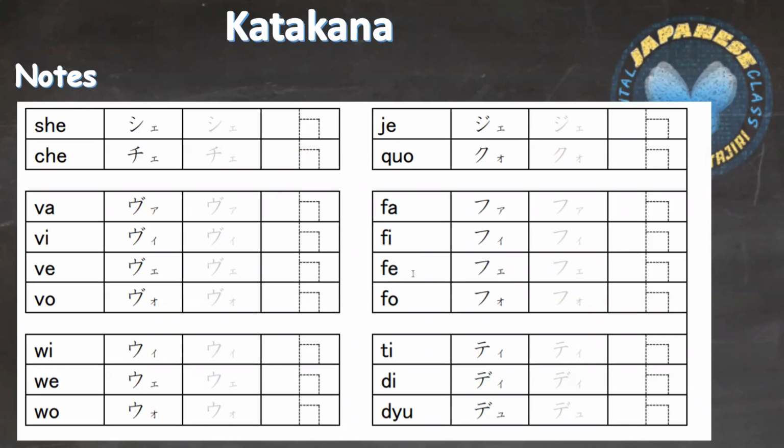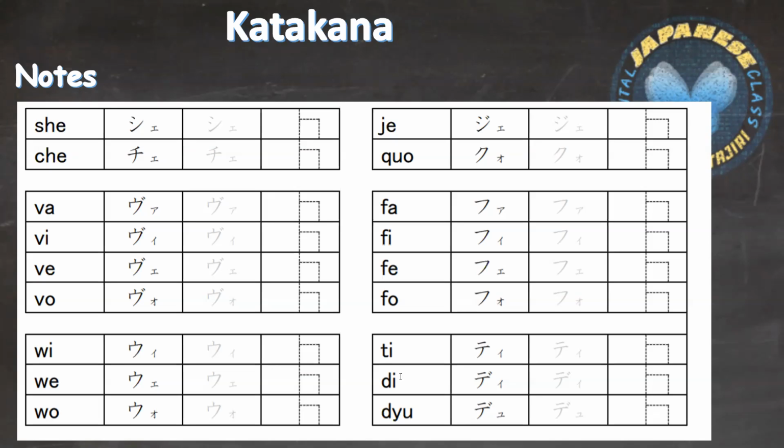And we have our fa, fi, fe, fo. Okay, so we have the fu sound, then adding a small a, i, e, and o, because fu has its own sound already. Then, for example, for Makati, okay, we use this one, ti, because in Japanese they don't have a T sound.